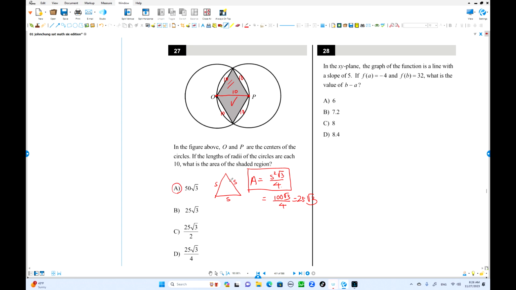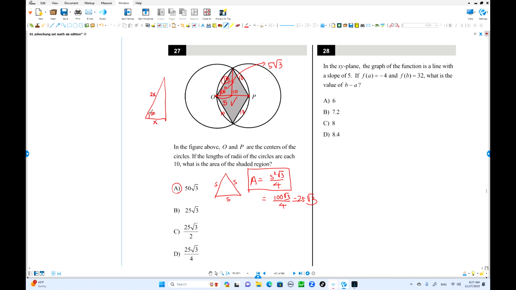Or you can solve it this way too. Because this is an equilateral triangle, this is 60 degrees. This side is half of this one, 5. It's a special right triangle: this is 5, the height is 5 times rad 3. This is 60. I'm going to use the x, 2x.